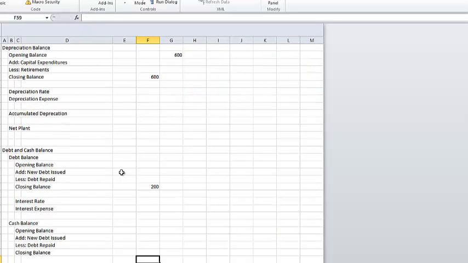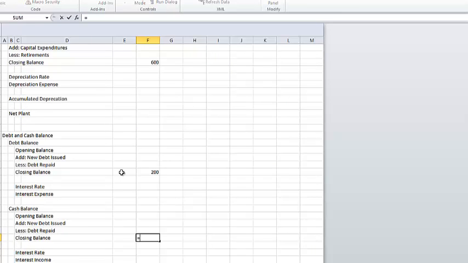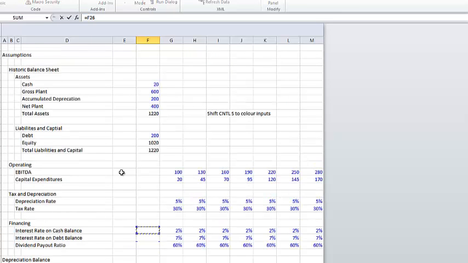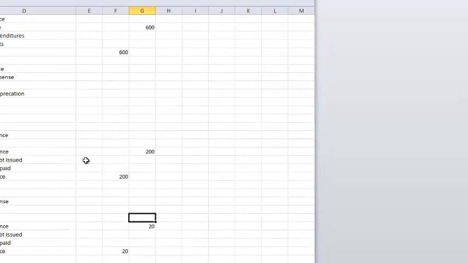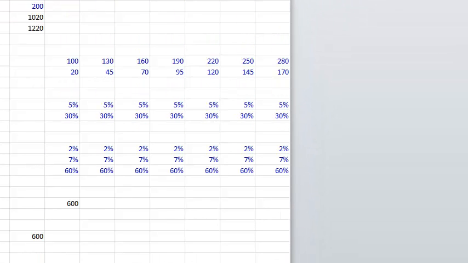And if I go down to the cash balance, the closing balance of the cash comes from the balance sheet. And of course, the opening balance comes from the closing balance. And we've got things set up. If you just understand that basic idea, then you can get half of the battle.